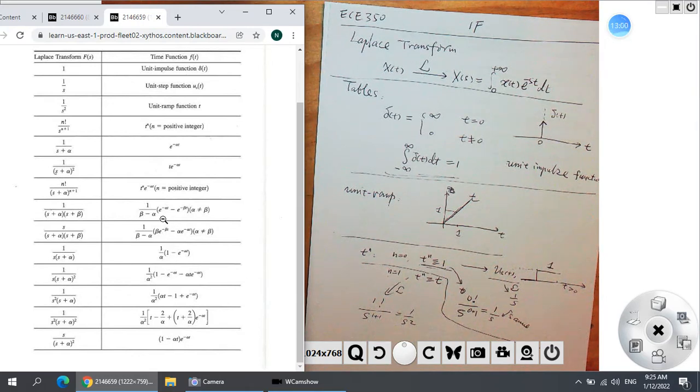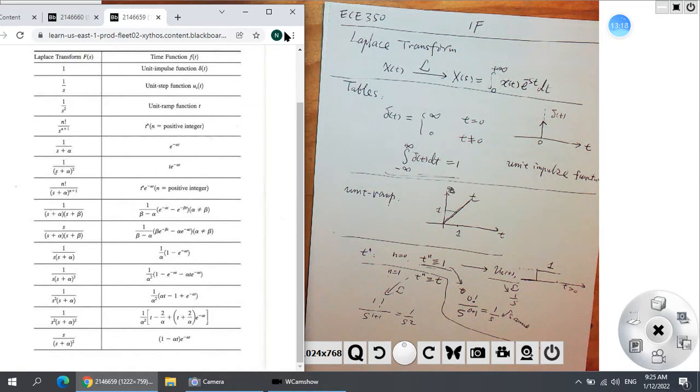When you have some signal, you can find them in the table and then try to use them. Similar to last time when we used this one, remember? Last time we used this one.